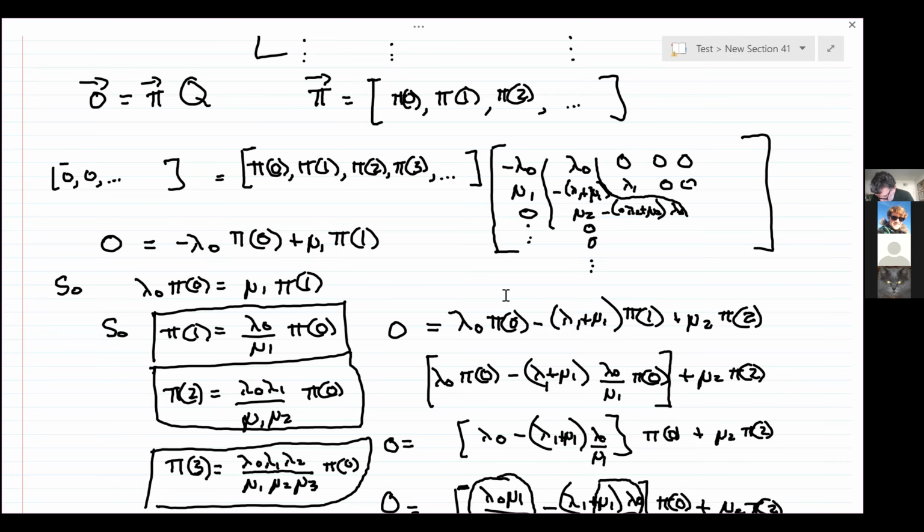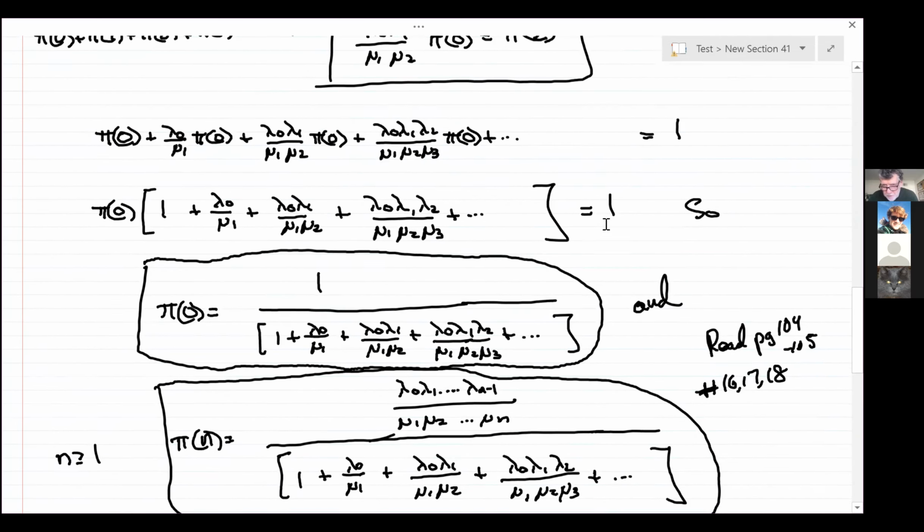Determine whether the process is transient, null recurrent, or positive recurrent if the birth rates are given this way. Okay, well, I don't know if we have everything we need to do that, but I think we could do something. Let me turn the page.